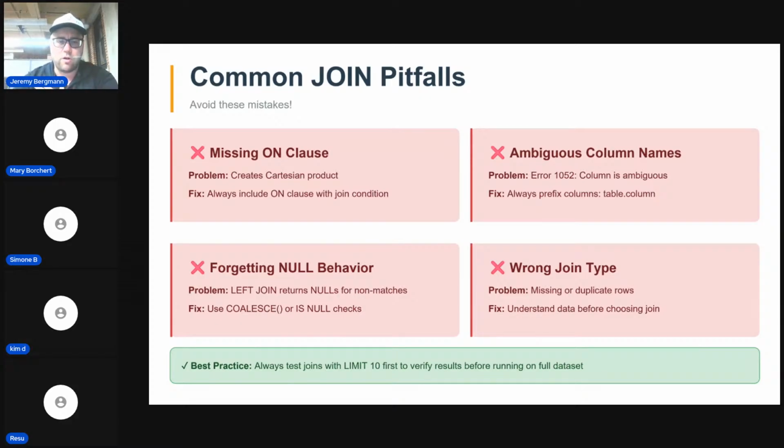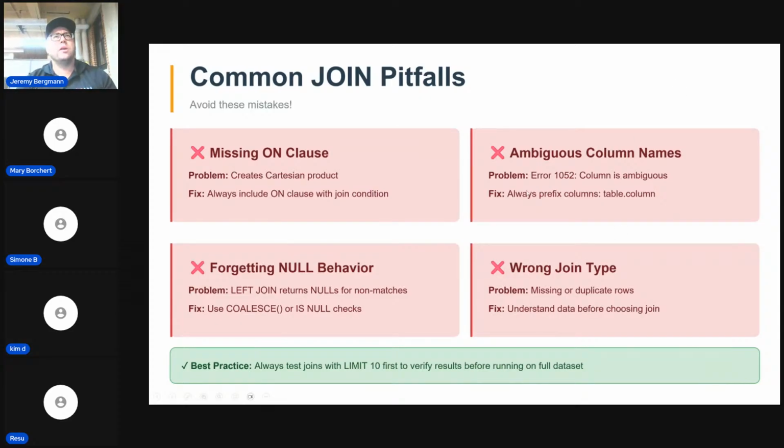If you don't have the ON clause, it'll try to do that. It'll create this huge data set. It may run forever on a relational database or run out of memory. And that's because you forgot the ON clause and potentially a condition with the ON clause too.